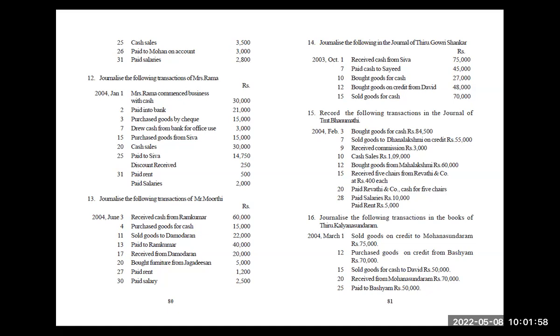Syed account debit 45,000 to cash account 45,000 being cash paid to Syed. 10th October. Purchase account debit 27,000 to cash account 27,000 being goods purchased for cash.